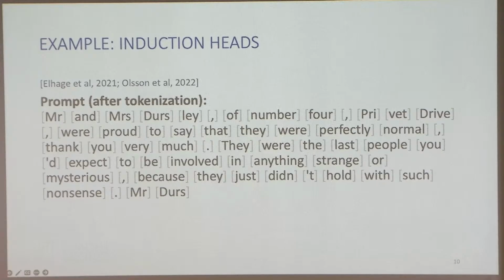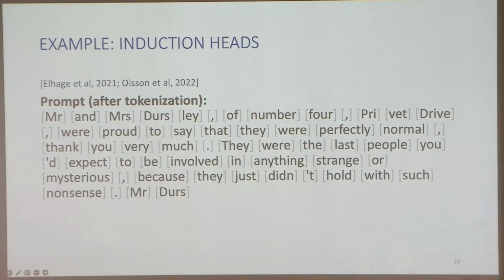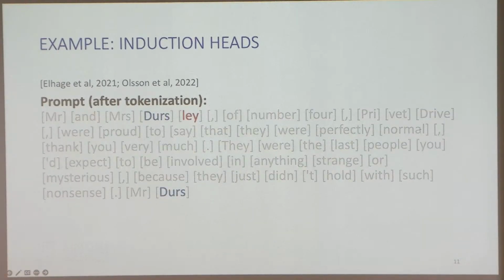The way you would do that, as a human, is: okay, I don't know anything about Harry Potter, but Durs is the last token, and to figure out what should follow, I should just look back at the last time this token Durs occurred, and I see it did occur before, and then I'll just predict whatever followed it.